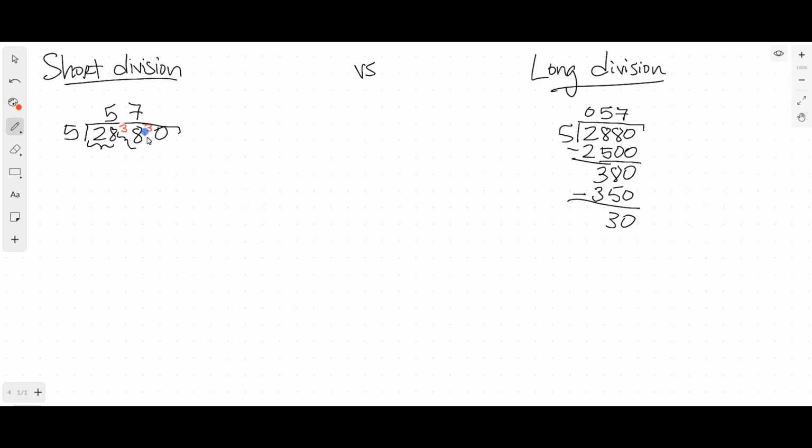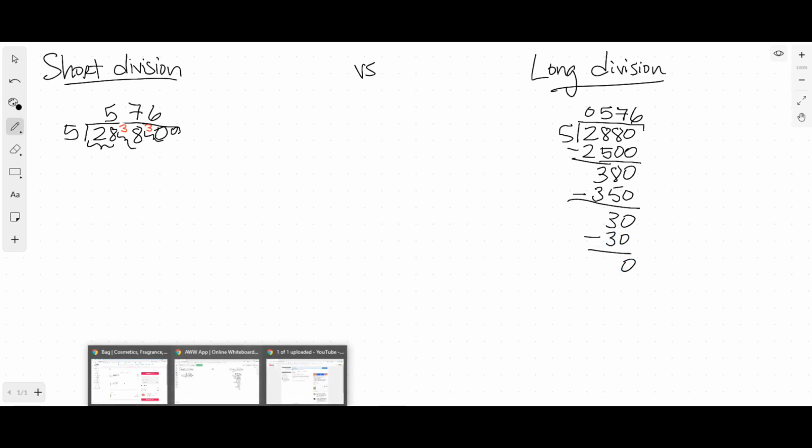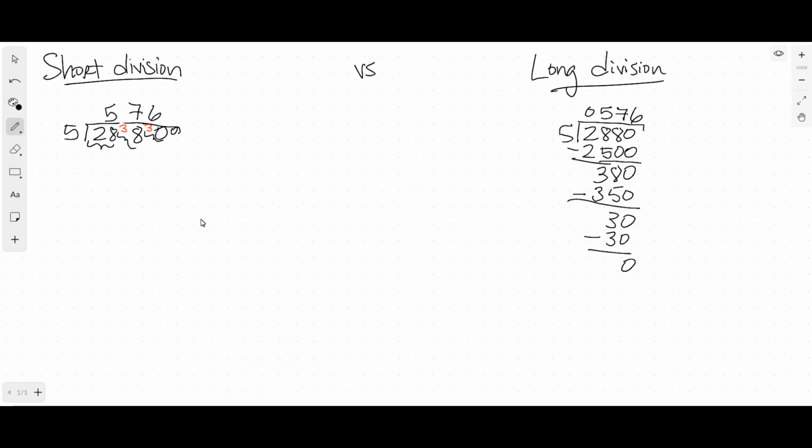So it's 30 divided by 5 in both of them. Well, that's 6. And that's 6 there. And there's a remainder of 0, so you're done. Because here, 5 times 6, that's 30, and you subtract, so you get 0. So I just wanted you guys to see short division. I don't know if anybody will actually use it, but if you do, no problem with me.